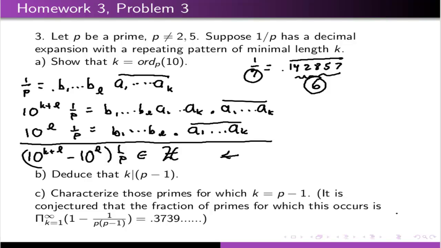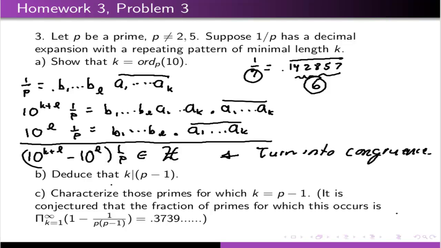And now just turn this into a congruence. So this will say something is congruent to 0 mod p, and you're going to discover the connection between the length of the cycle and the order of the element 10.